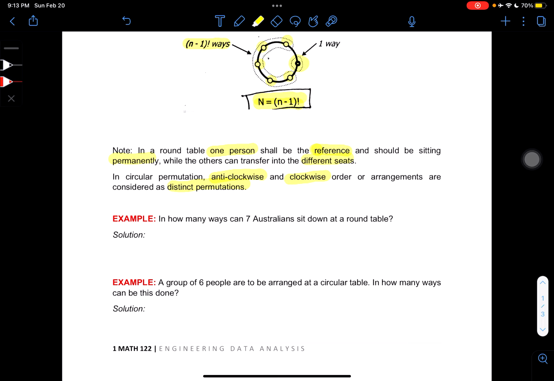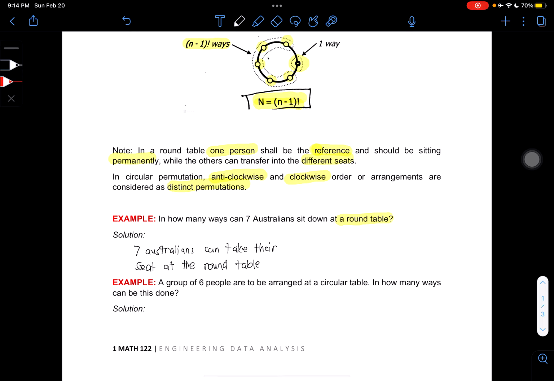It is clear that the problem gives a round table, therefore circular permutation is the formula we will use. The problem says 7 Australians can take their seat at the round table.